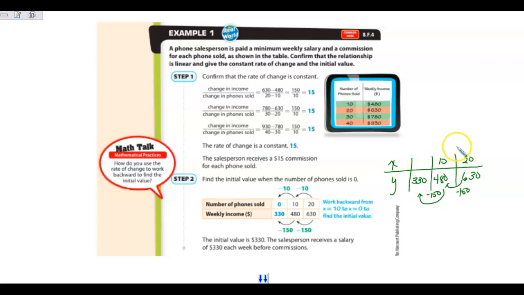The x changes by 10, so we subtract 10: 10 minus 10 is 0. So this is going to be our initial value. If the salesperson doesn't sell any phones that week, how much does he make? He makes $330. So this is his actual salary. His salary for each week is $330.